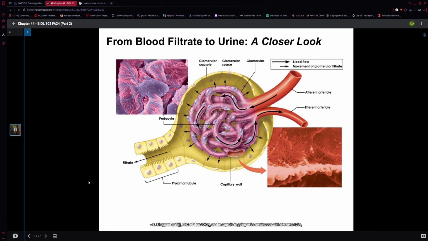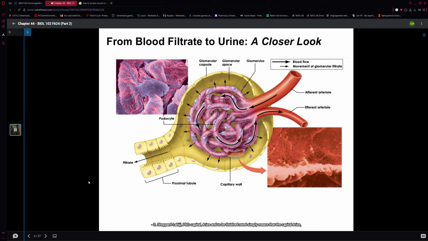So consider the events taking place at this location and what is then essential as a result of that. The glomerular capsule is continuous with the renal tubule here, and the very first portion of the renal tubule is the proximal tubule. The glomerulus, which you can see here as a kind of large knot, is made up of a bunch of fenestrated capillaries.